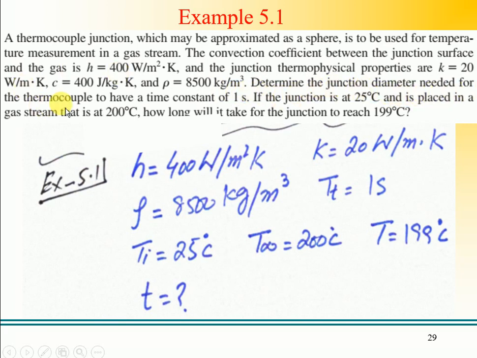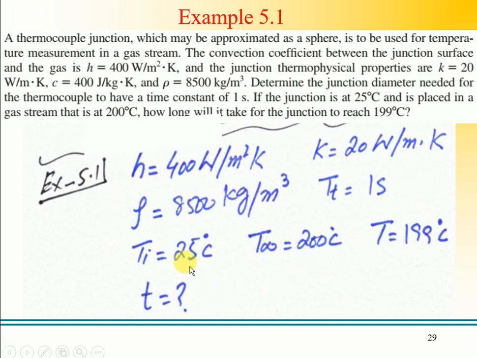The question is to determine the junction diameter needed for the thermocouple to have a time constant of 1 second. If the junction is at 25 degrees centigrade and is placed in a gas stream at 200 degrees centigrade, how long will it take for the junction to reach 199 degrees Celsius?